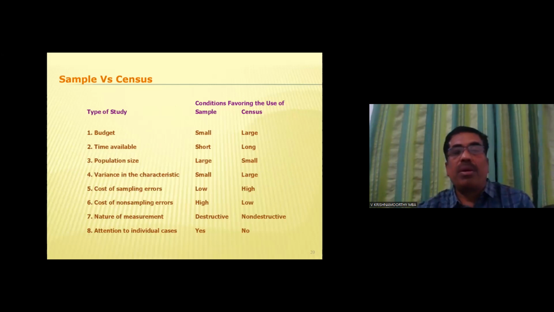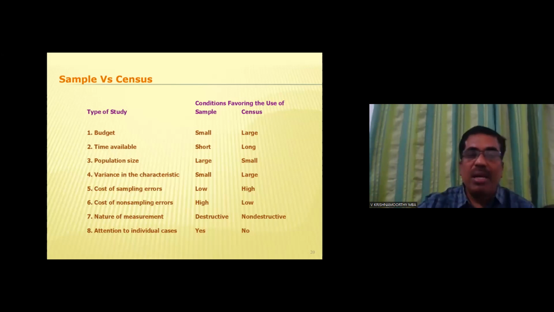Now we are going to discuss under what conditions we can use sampling and census. Say for example, budget. If the budget is very small, there is no other option, we can go by sampling. If the budget is large, we can use census. Similarly, availability of time.